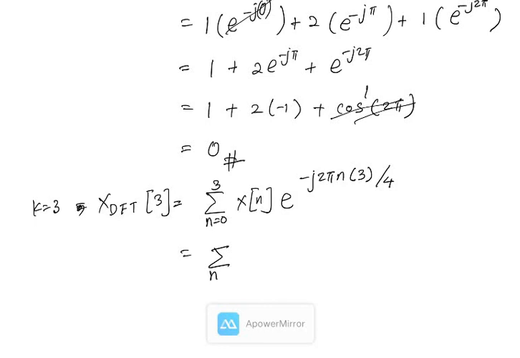After I simplify, I still get minus j 3 pi n over 2.